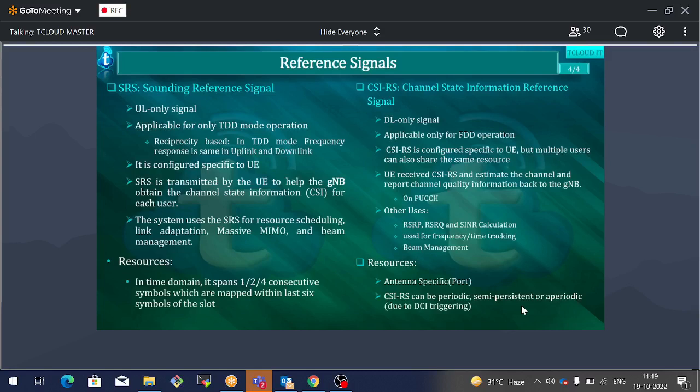If the sounding reference signal is working perfectly, you don't need to measure the channel state information either by using the SSB block or by using CSI-RS signals. Simply, you can transmit SRS in uplink. By receiving the sounding reference signal, the G-Node B itself can estimate the CSI factors that will be applicable for the subscriber, on its own.